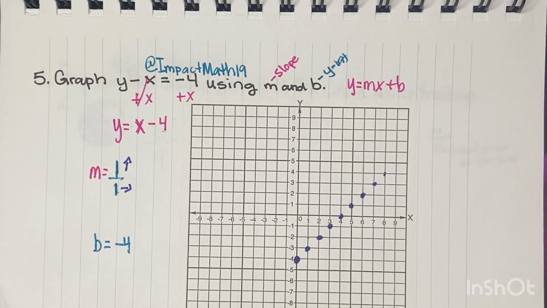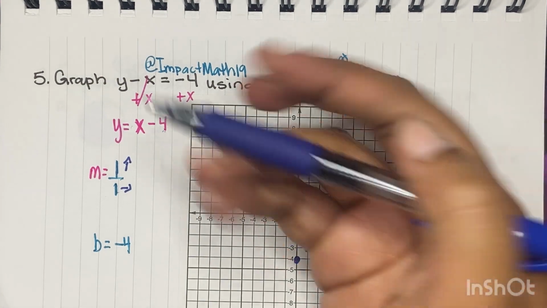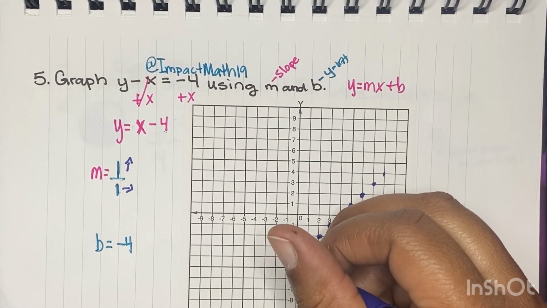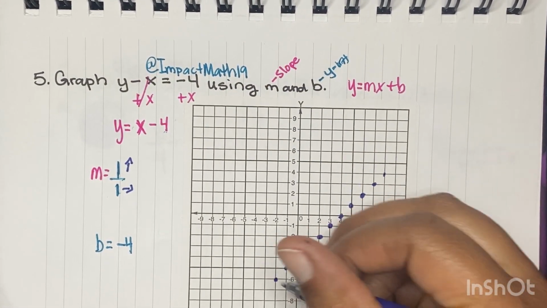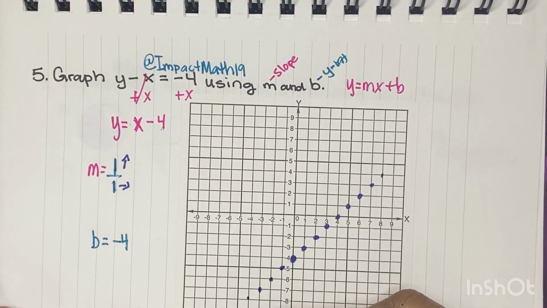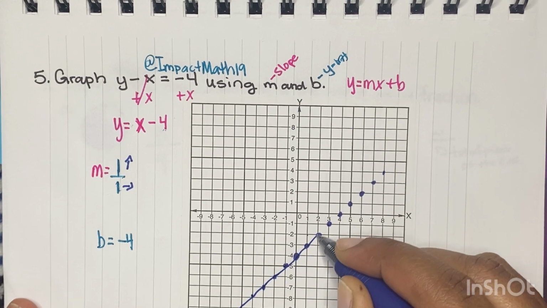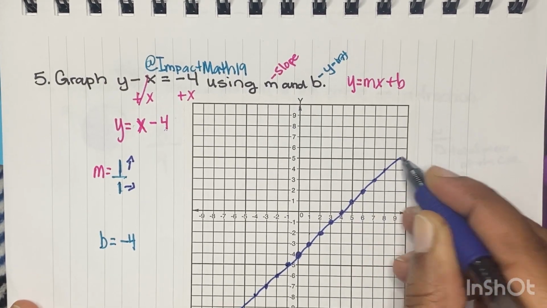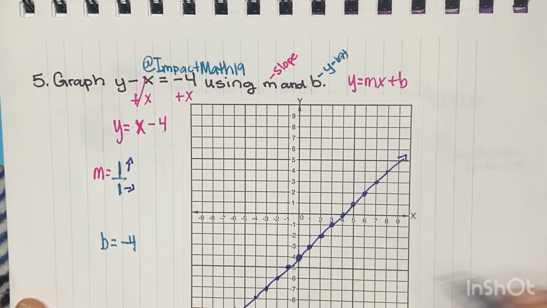Now I can go the opposite direction by going down 1 to the left 1 to get the bottom half of my line. And this right here is your beautiful positive line.